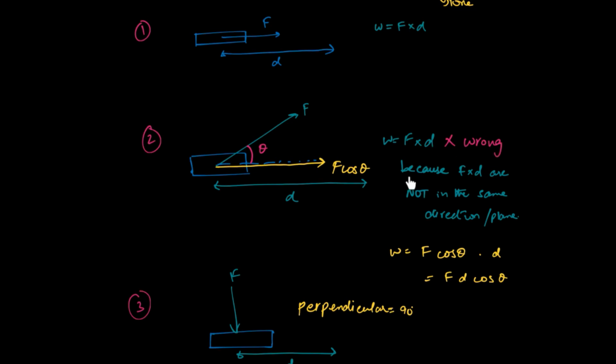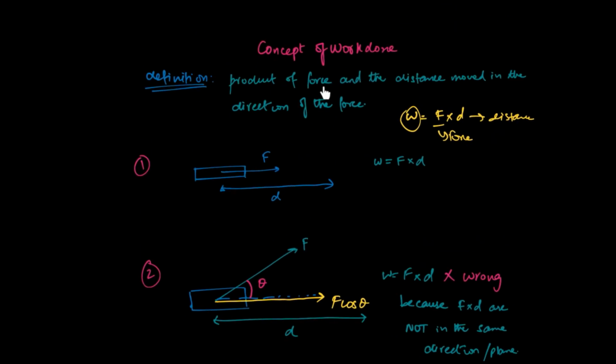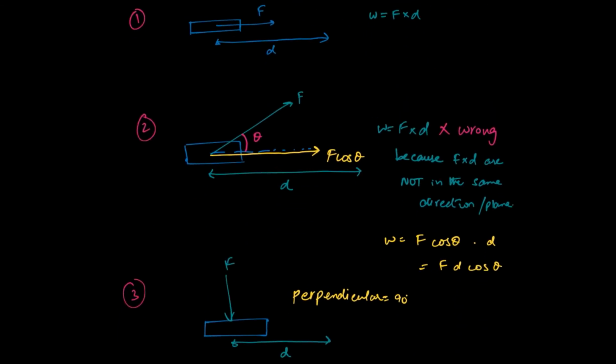The reason is that the definition states the force and the distance moved must be in the direction of the force. However, in this scenario, force and distance are not in the same direction or plane, because the force is at an angle, and the distance is moving towards the right, so they're not in the same direction.